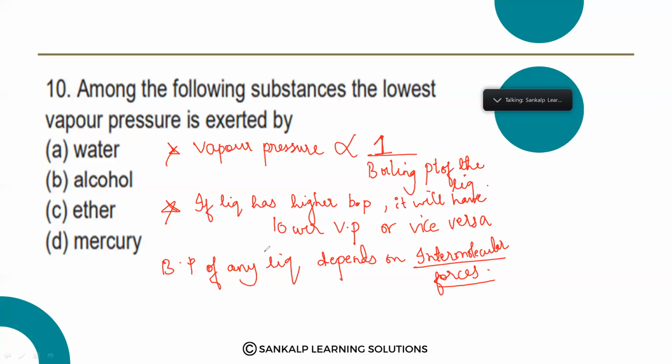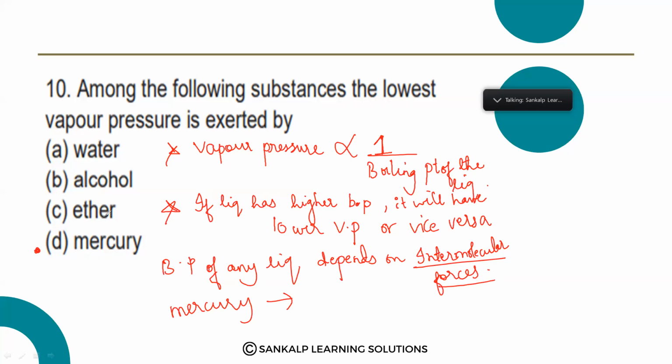So in this case, mercury will have very strong intermolecular forces. Then magnesium, it depends on the intermolecular forces. Then water, alcohol and ether.